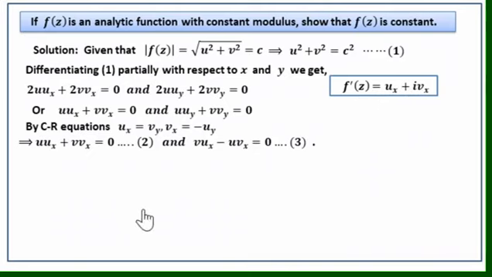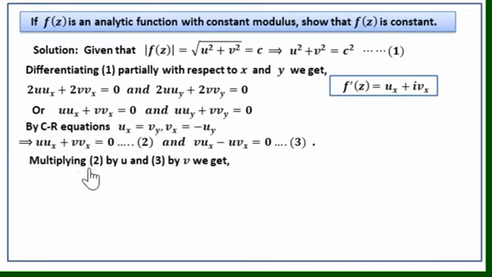To get ux and vx, we multiply equation 2 by u and equation 3 by v. Equation 2 multiplied by u gives u square ux plus uv vx equal to 0, and equation 3 multiplied by v gives v square ux minus uv vx equal to 0.